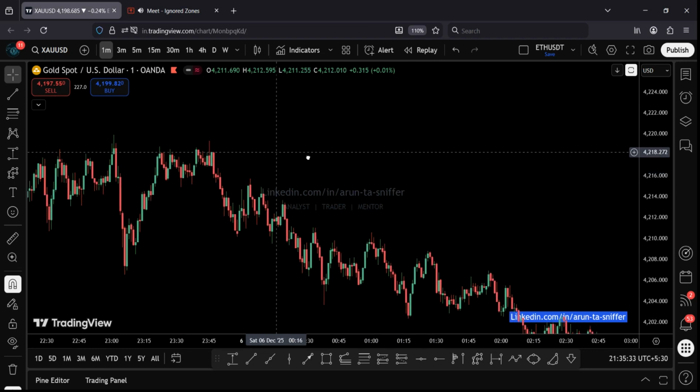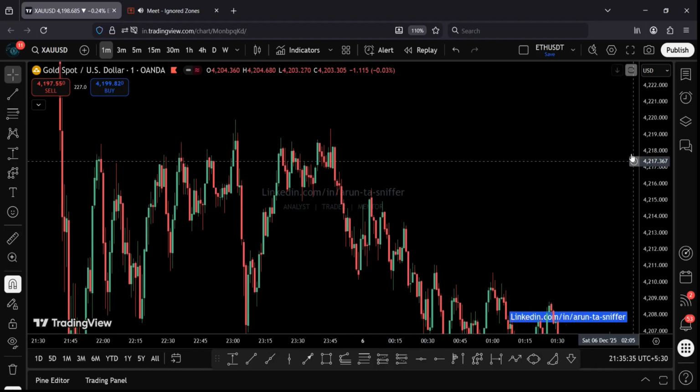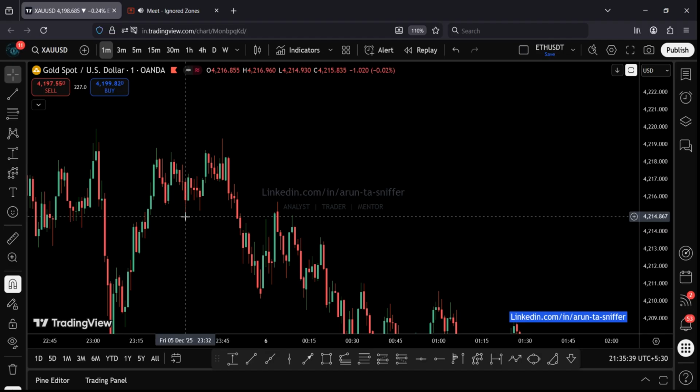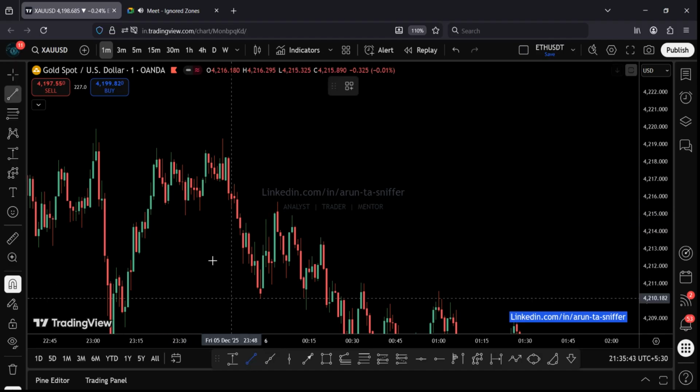Here we have an example. If we look at this low and this low, the price is compressed here.